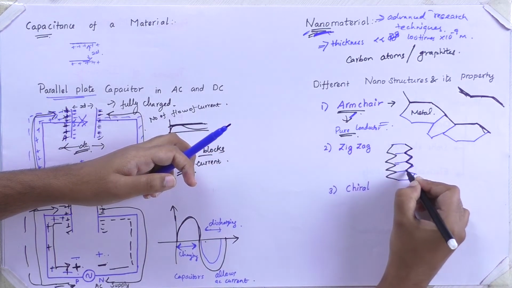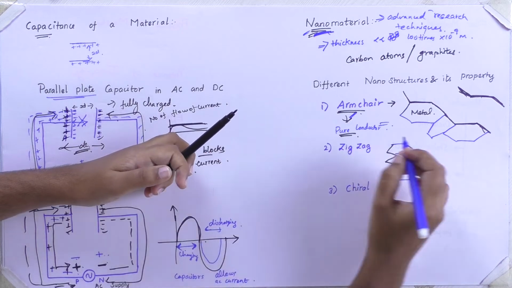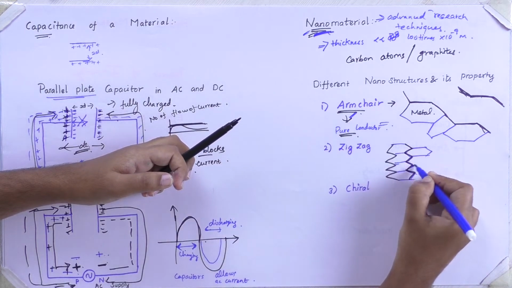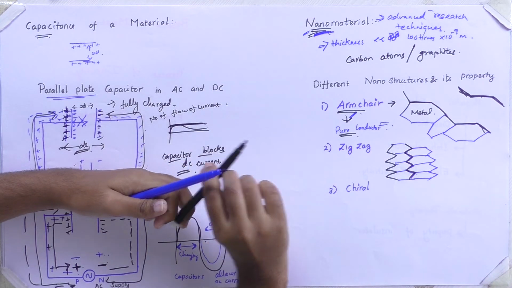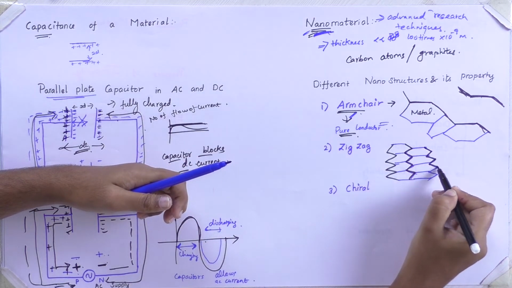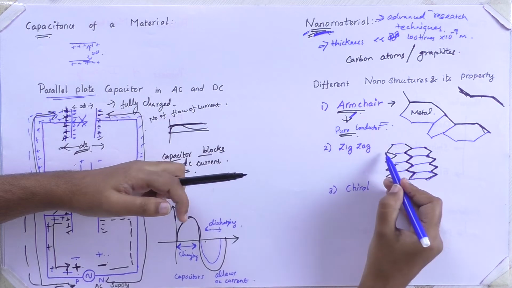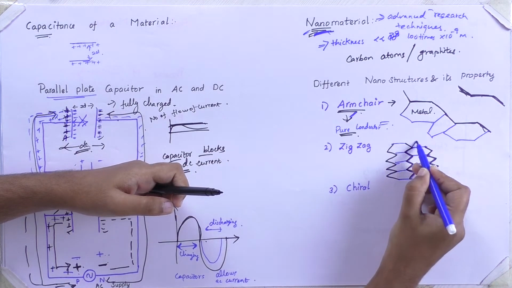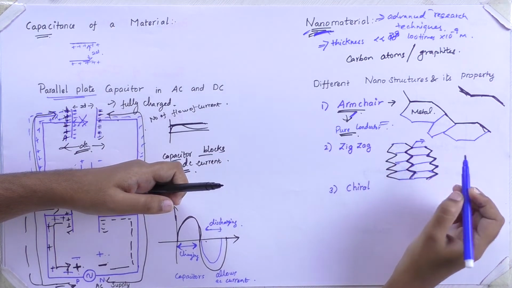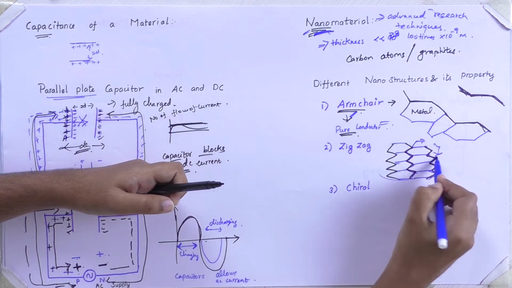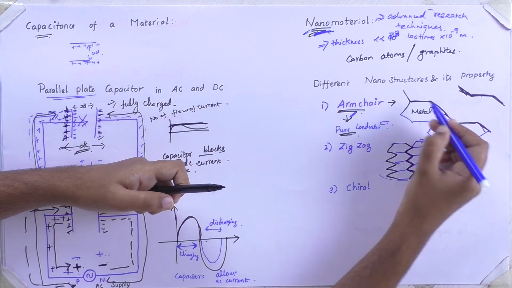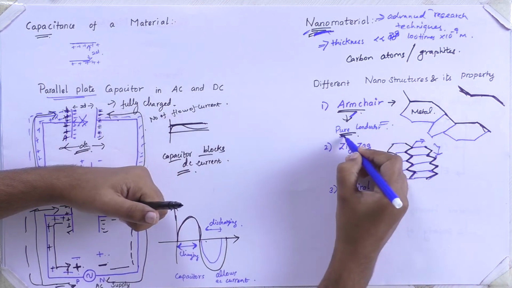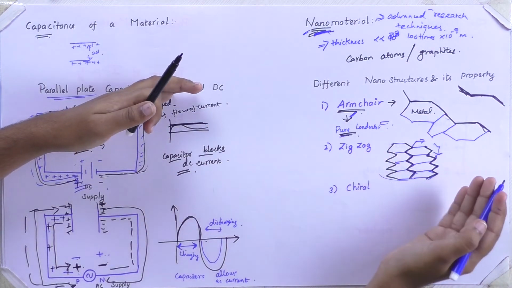The carbon structure is rolled in a zigzag way. Because it is rolled like this, the way of electron flow varies with this structure. Here there will be a continuous flow of electrons in every atom, so it acts as a metal, a pure conductor.